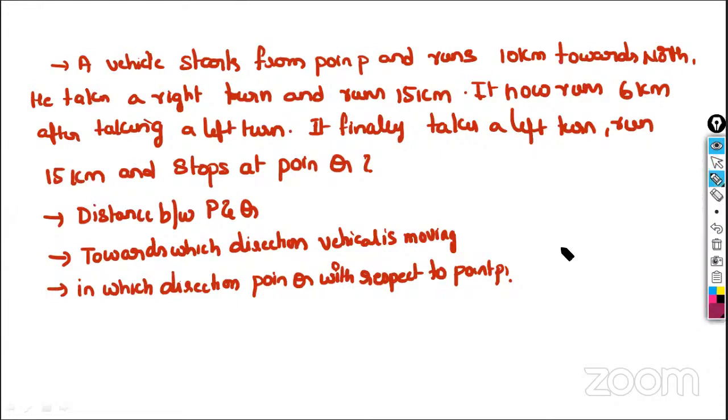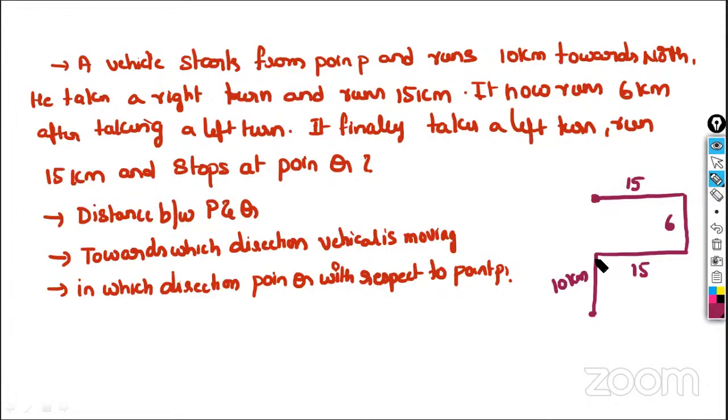Okay, towards north. How much? 10 kilometers. Then it took a right turn. How much? 15. And a left turn. How much? 6. And finally a left turn and moves 15 kilometers.